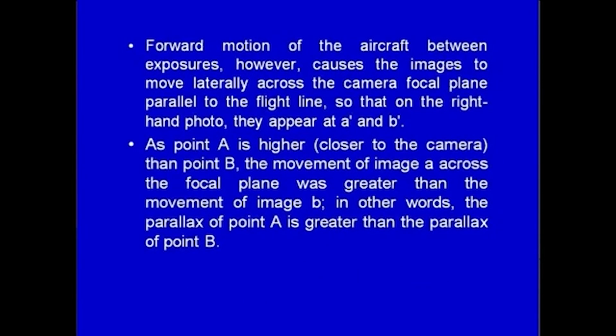The forward motion of the aircraft between exposures, however, causes the images to move laterally across the camera focal plane parallel to the flight line, so that on the right hand photo they appear at a dash and b dash.